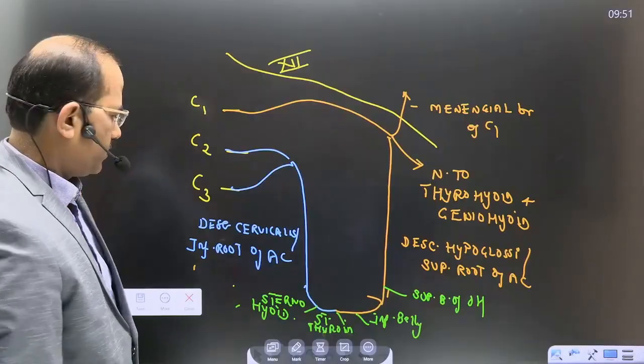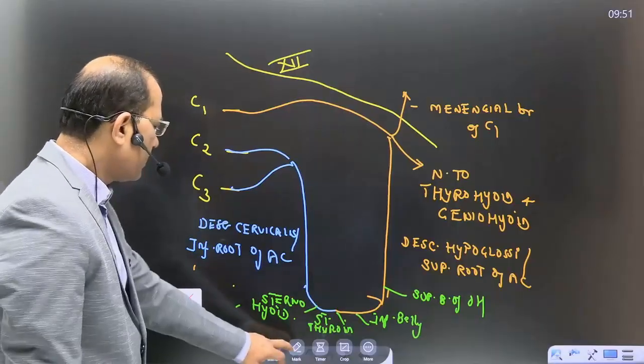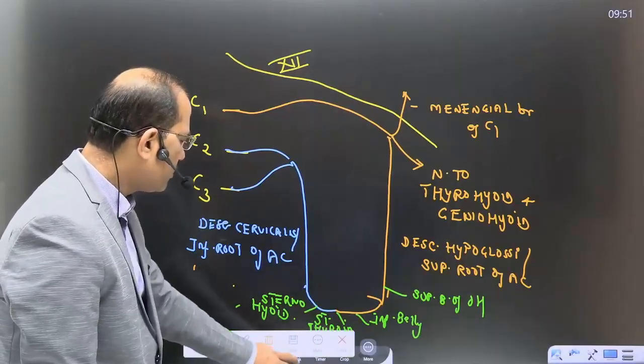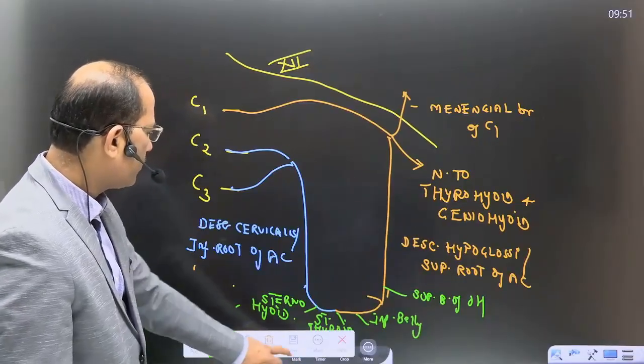So sternothyroid, inferior belly and superior belly of omohyoid. Okay, clear to all of you?